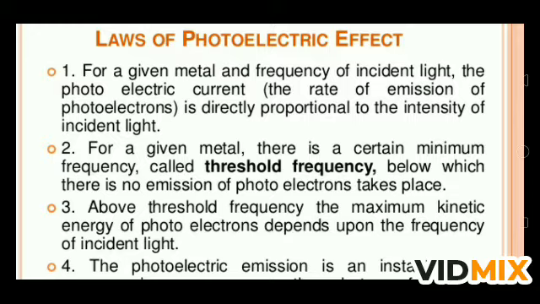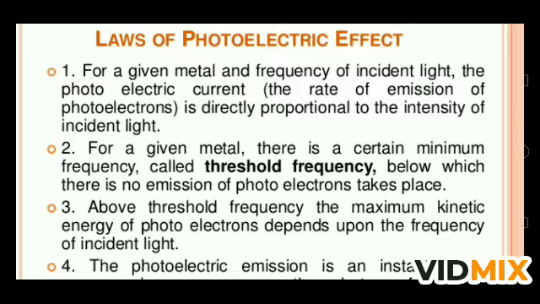For a given metal and frequency of incident light, the photoelectric current is directly proportional to the intensity of incident light. We had discussed this in the previous video, and once again I want to tell you that you can see this on page number 390 of your NCERT book in figure number 11.2, where the graph is between the photoelectric current and intensity of light.